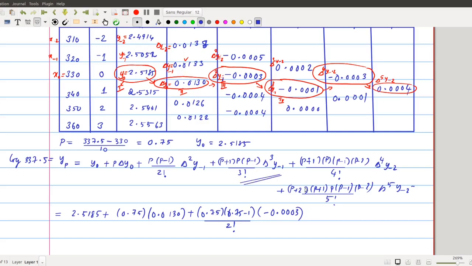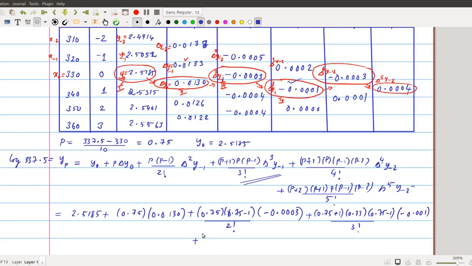The fourth term is this one, that is plus p plus 1, that is 0.75 plus 1, then 0.75, then 0.75 minus 1 divided by 3 factorial delta cube y minus 1. Delta cube y minus 1 is this one, that is minus 0.001.